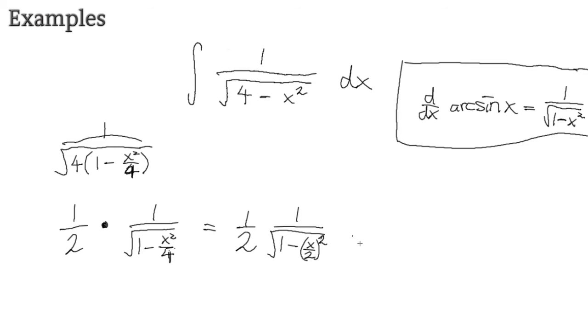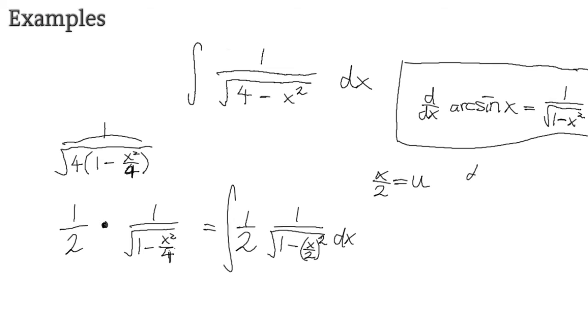So what we can do here is state that x on 2 equals u as a substitution. Then we have an integral dx. What we need to do is turn this into an expression of u.